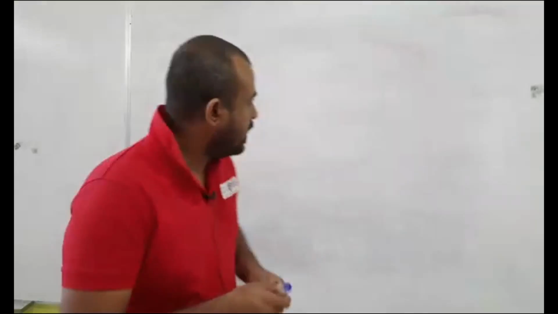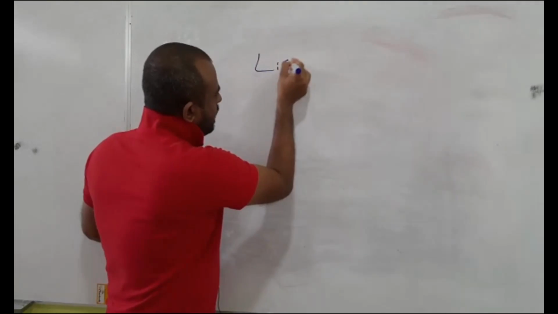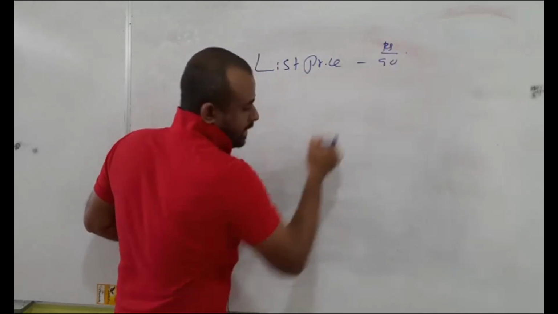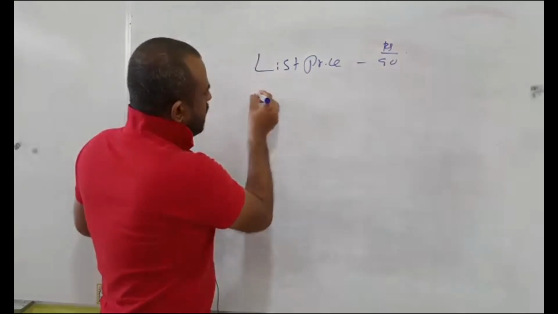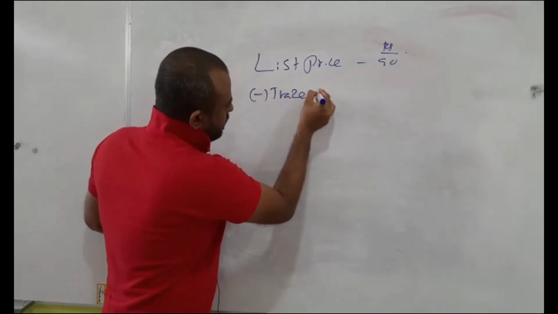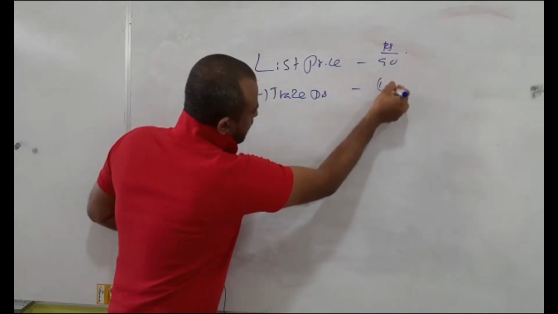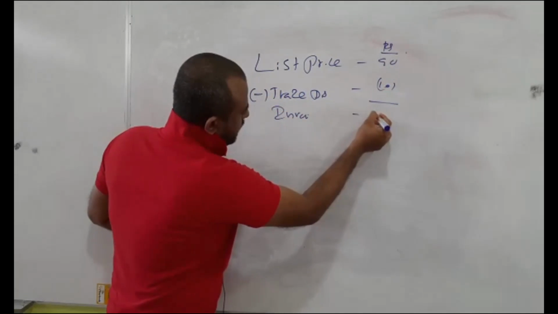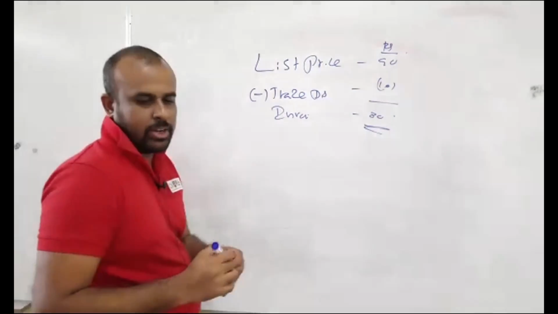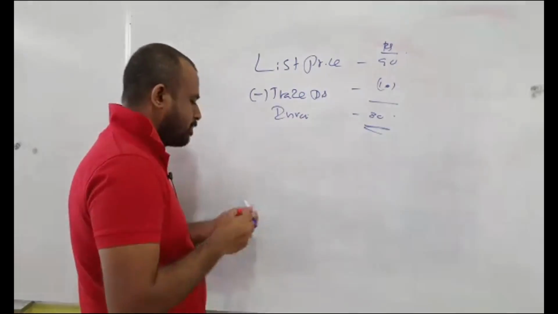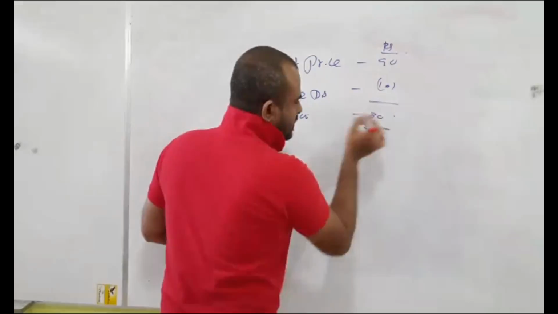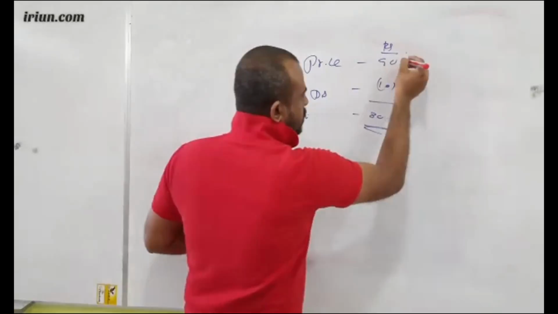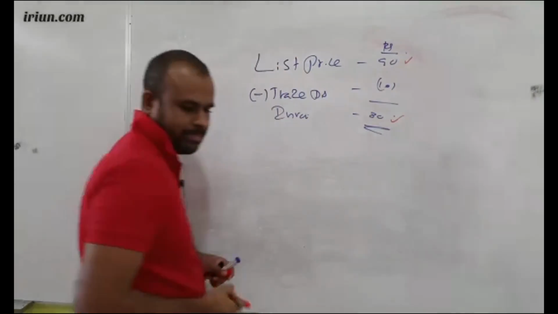That is what I'm saying. So here, the list price is 90. The list price marked on the pen is 90. From that we deduct a trade discount of 10. Then the invoice price is 80. So this pen costs me 80 rupees, and I note it at 80. Now the problem is, when I record these purchases in the purchases journal as a purchases amount, should I record 90 or 80?